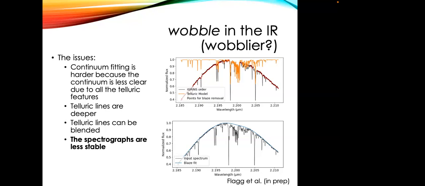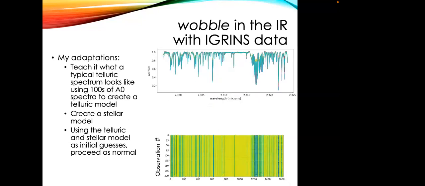We think we have a handle on the continuum fitting, but we use a model to determine where the continuum should be and only use those points to calculate where the blaze should be and then correct for the blaze. The rest of it is a bit difficult. Basically, we're just compensating for the deeper blended lines and the lack of stability by doing other things. The way we do this is by using hundreds of A0s that have already been taken in the archive to create a telluric template.